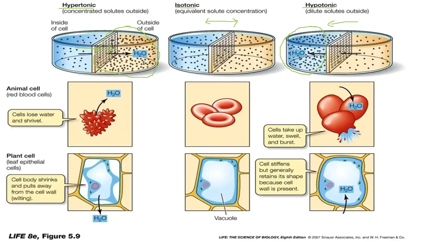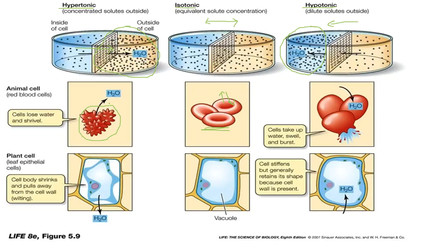Well, something very interesting happens here. If water is moving outside of the cell, and remember my cytoplasm is made up of a lot of water, so if water is moving outside of the cell, my cell size is actually going to shrink. It's going to lose mass and shrink. If it's moving in and out equally, in our isotonic situation, my cell size is going to remain the same, and this is what a red blood cell should look like.